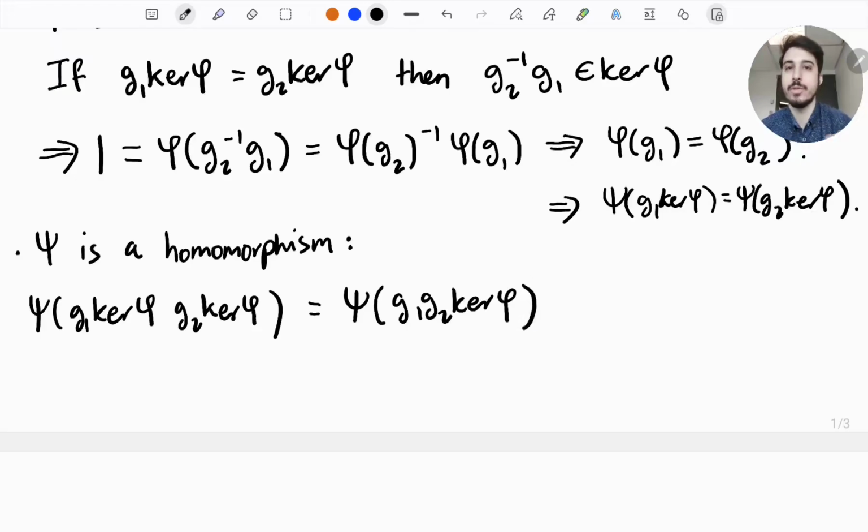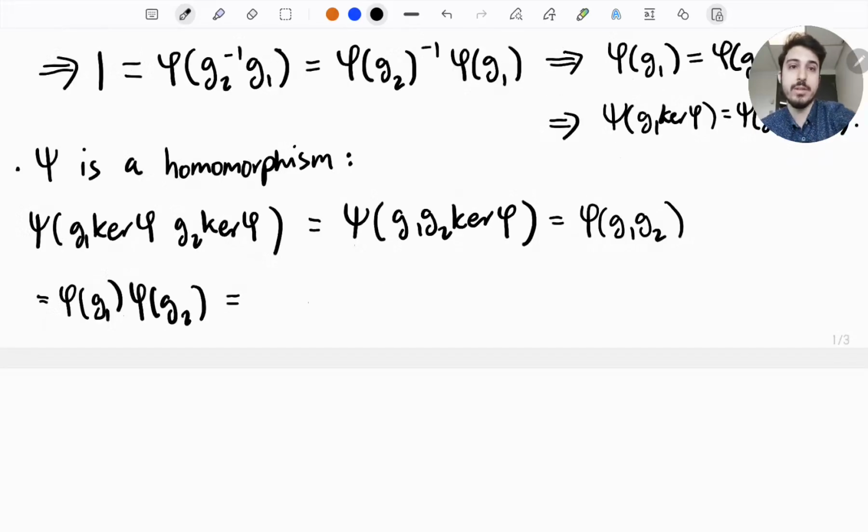This is by definition of coset multiplication. But g1 g2 ker phi, when we take psi of that, this is equal to, by definition of psi, phi of g1 g2. But phi is a homomorphism, so this is equal to phi of g1 times phi of g2.